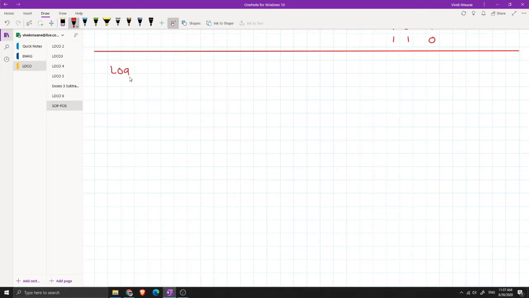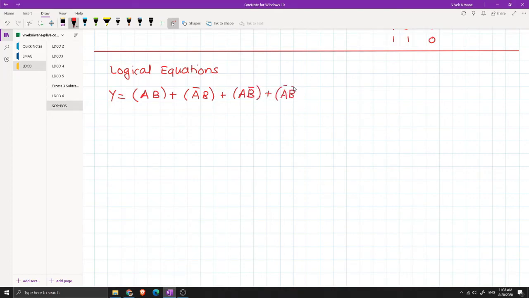Now let us look at some examples of logical equations. There are two types. The first type: AB plus A bar B plus AB bar plus A bar B bar. And the second example: A plus B, A bar plus B, A plus B bar, A bar plus B bar.